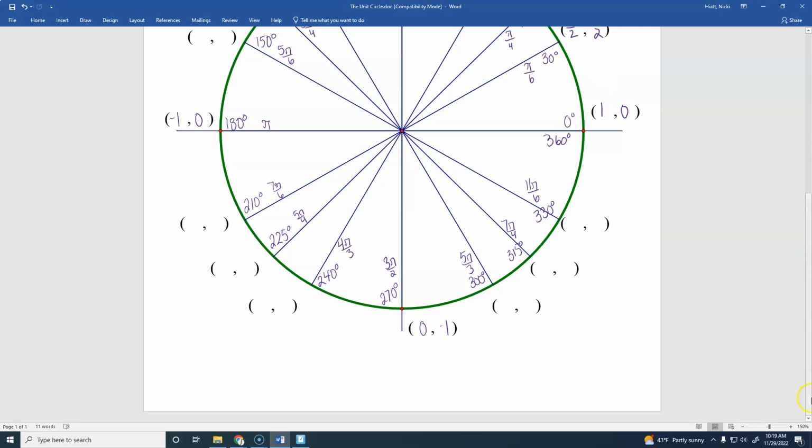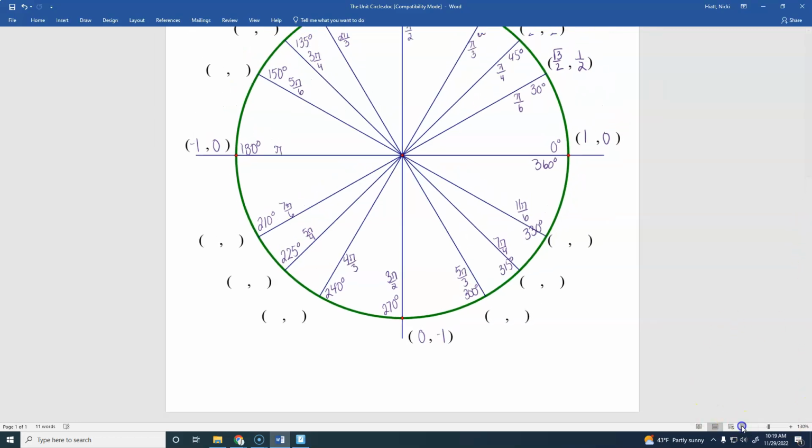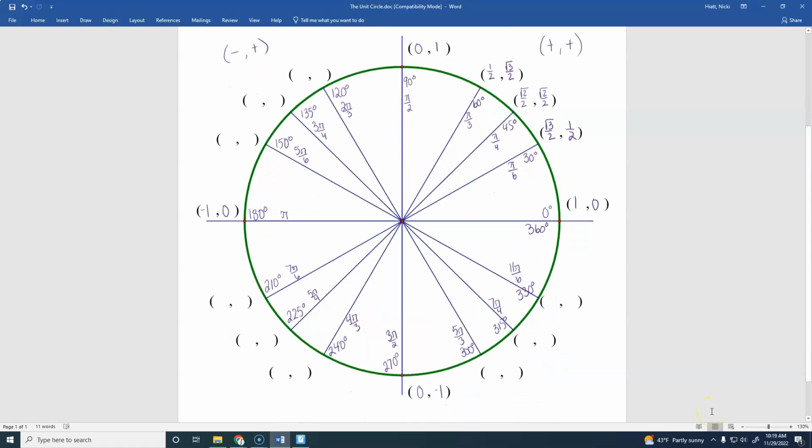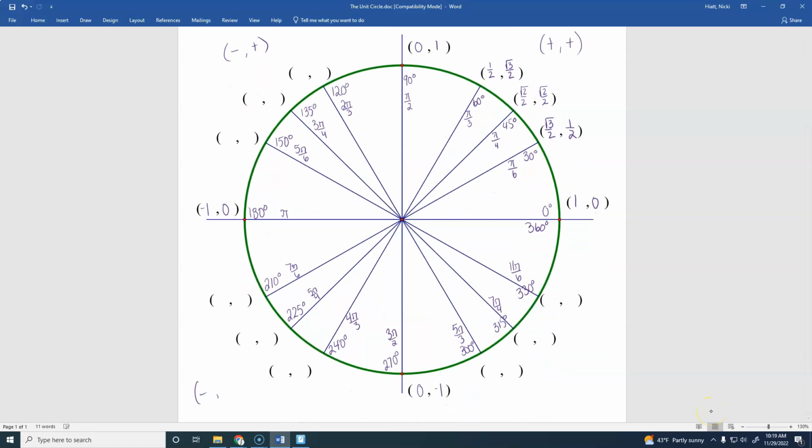Down here in the third quadrant, I'm going to have negative, negative. And over here in the fourth quadrant, I get positive, negative. So we can just use symmetry to figure out the rest of these. So like if I take this point, square root of 3 over 2, 1/2, and I flip it over here, my x coordinate is going to become negative.